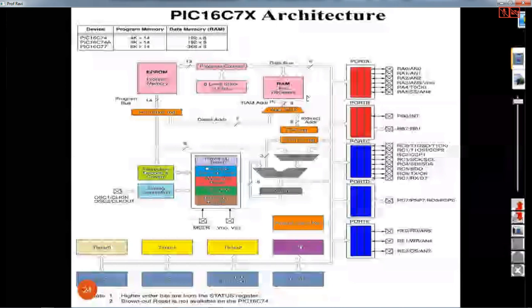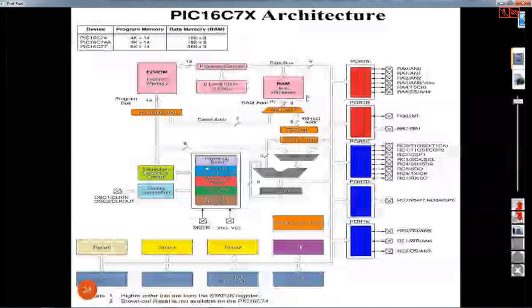And this is your data memory. The data memory bus width is 8 bits, and the program memory address bus is 13 bits, by which you can tell how much on-board flash memory is available.